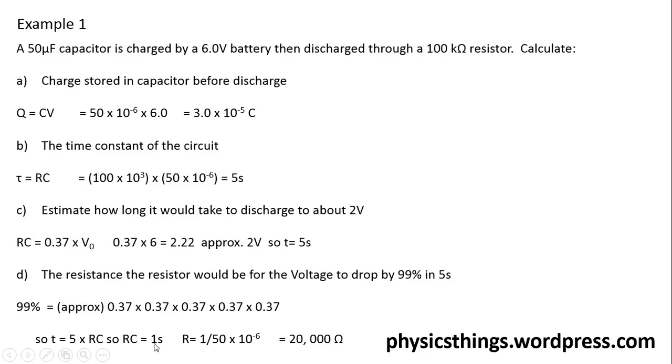Now that I know that RC is 1 second, I just rearrange 1 equals RC to give me R equals 1 over 50 times 10 to the minus 6, because that's my capacitance, and that gives me a resistance of 20,000 ohms. And that's pretty much it for capacitors.